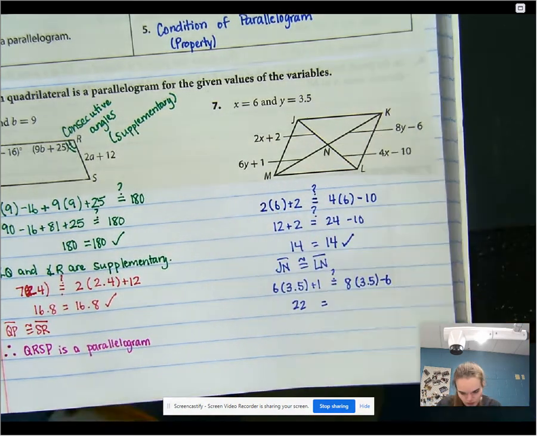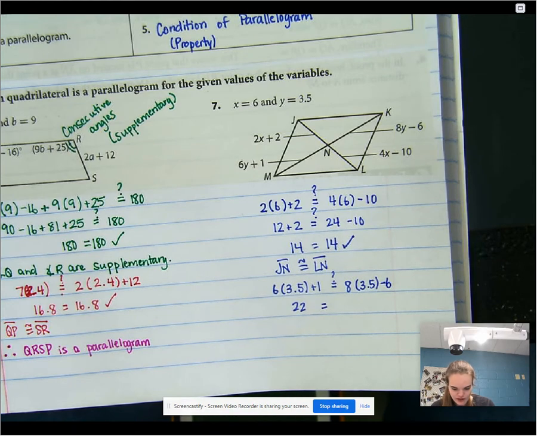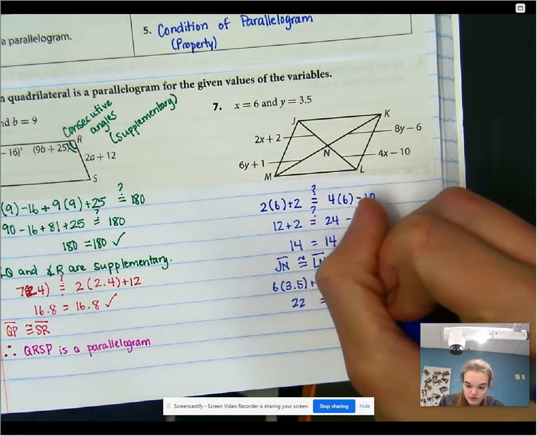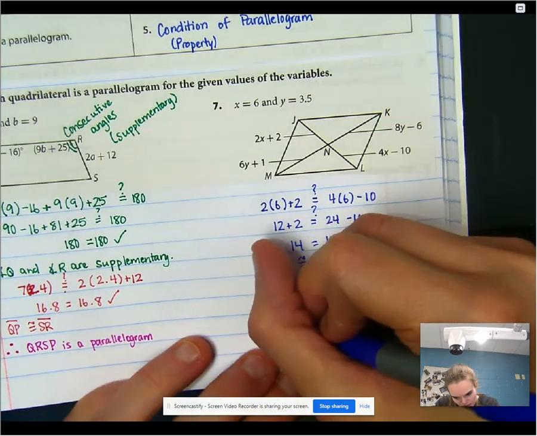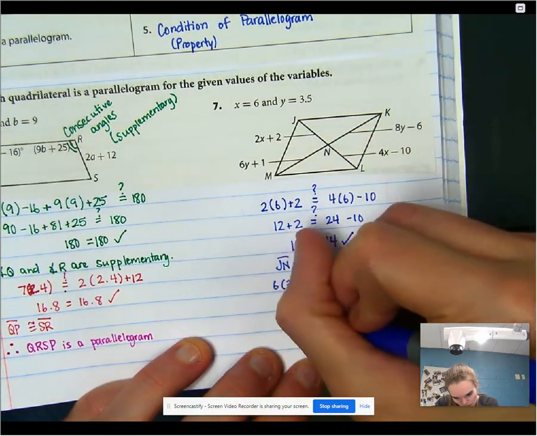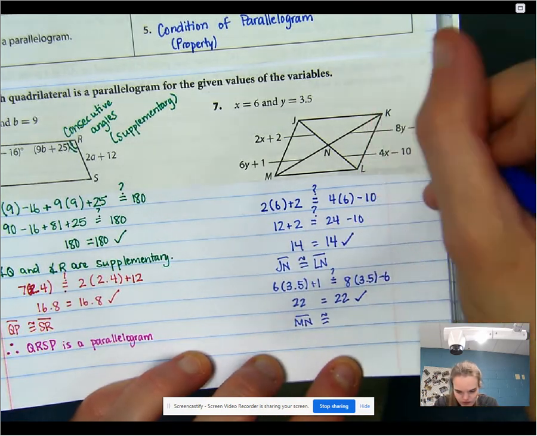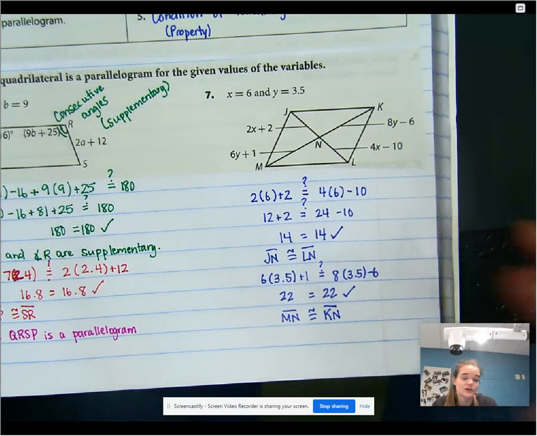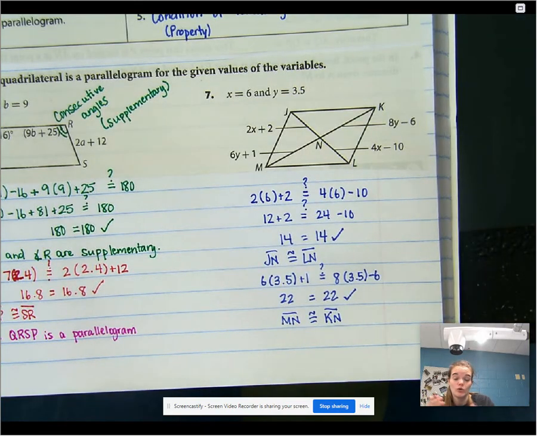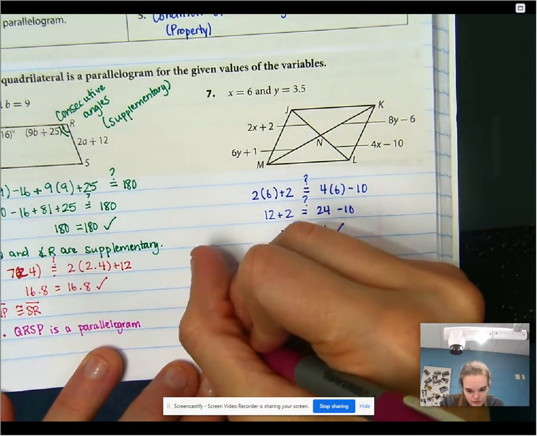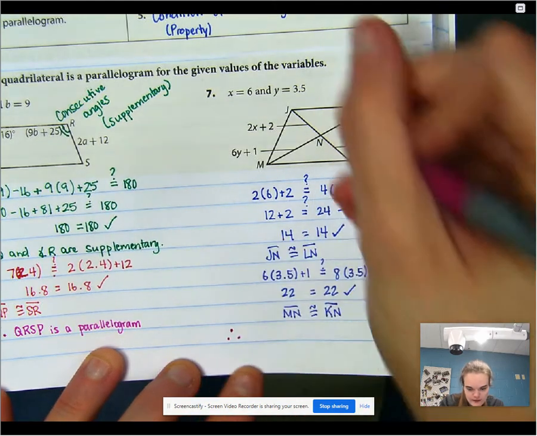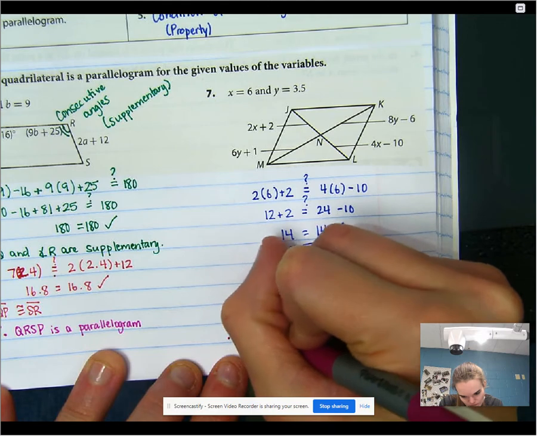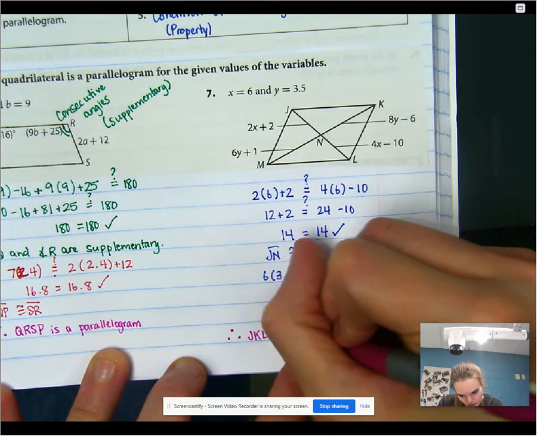Let's see if it really is equal. 8 times 3.5 is 28, minus 6 is 22. So that works. So MN is congruent to KN. Since both diagonals are bisected, we know, therefore, JKLM is a parallelogram.